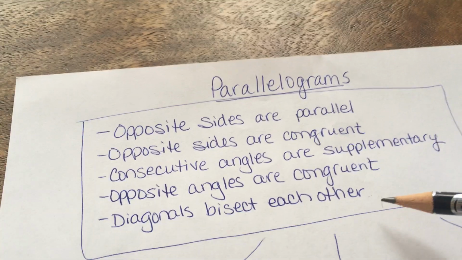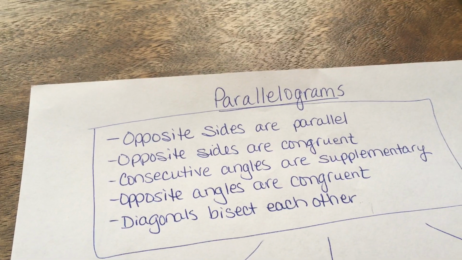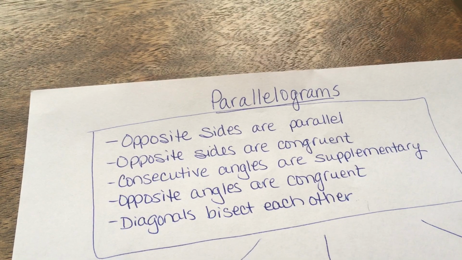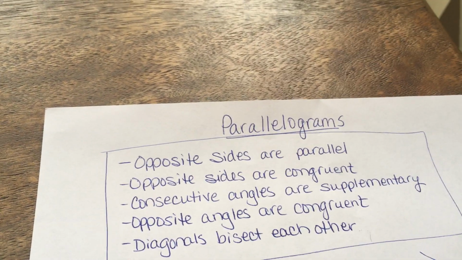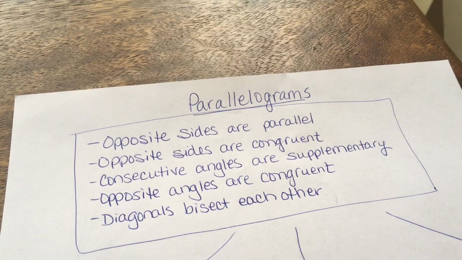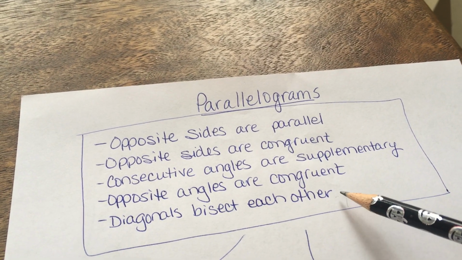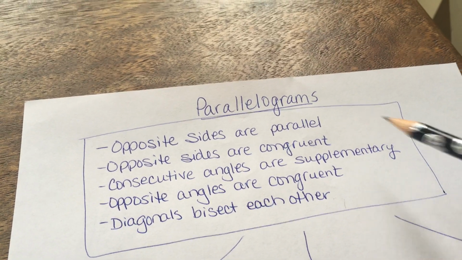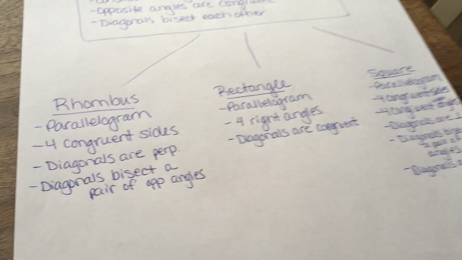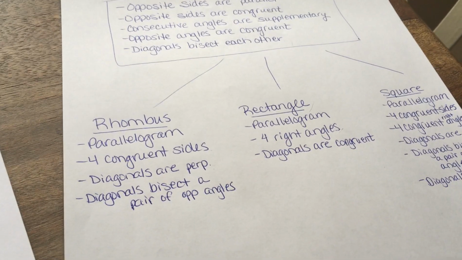So if they tell me the diagonals bisect each other, I know it's a parallelogram. But that doesn't get any more specific to let me know if it is a rhombus, a rectangle, or a square. So no, we cannot say. All we can say is that we know it's a parallelogram. It could be a rhombus, rectangle, or square. It might not be though. We don't have enough information.